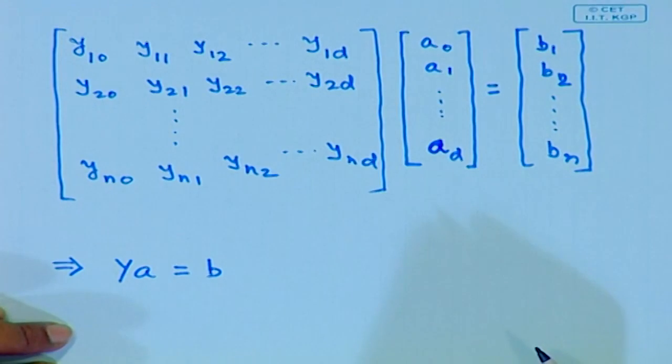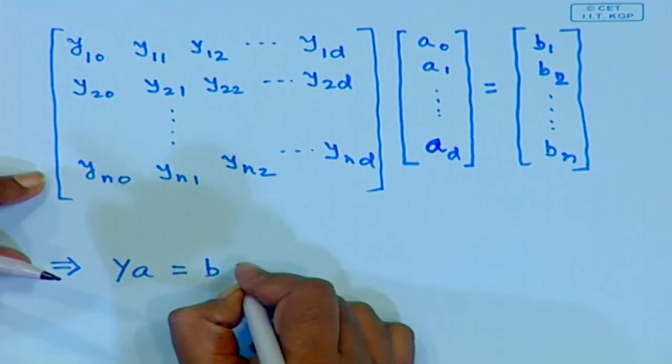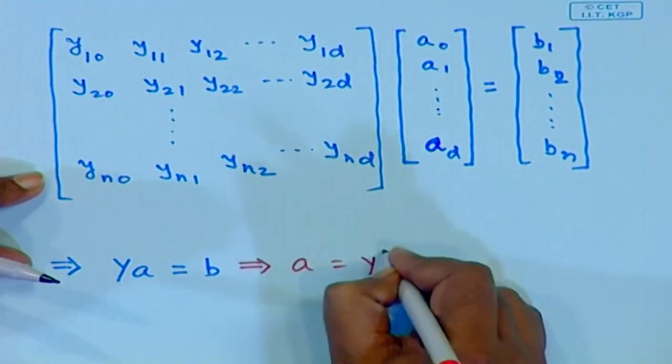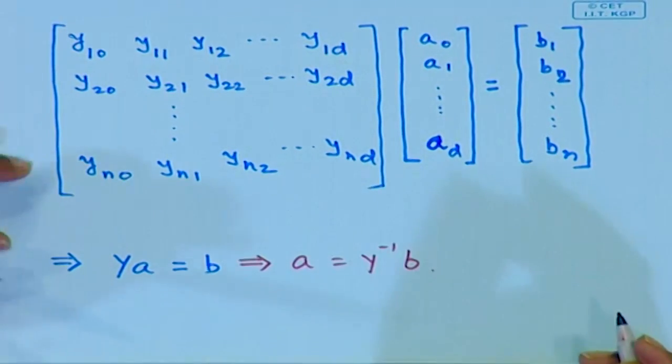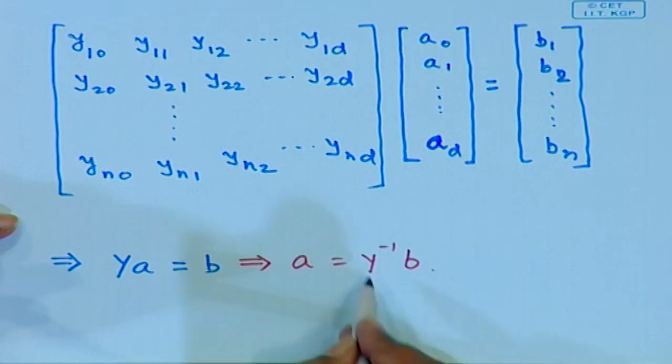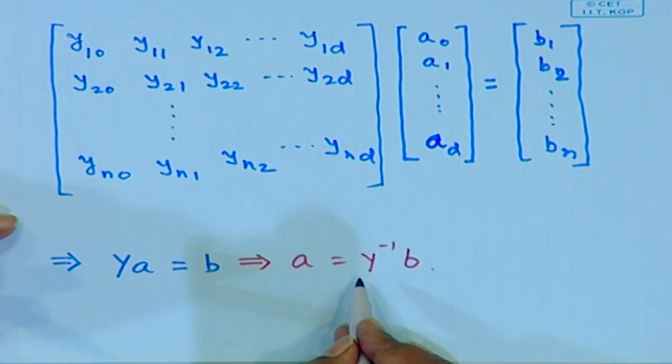So, you can say that what is great in it? If Ya is equal to b, I can as well get a is equal to Y inverse b. But the problem is this Y is not a square matrix, it is a rectangular matrix.